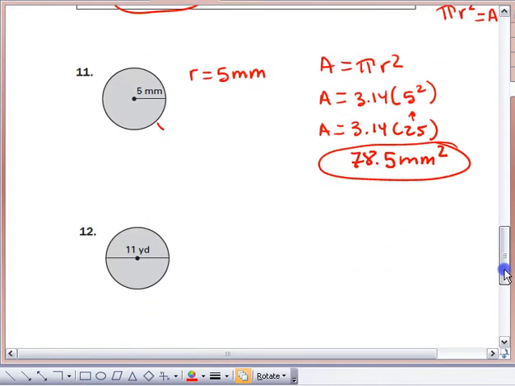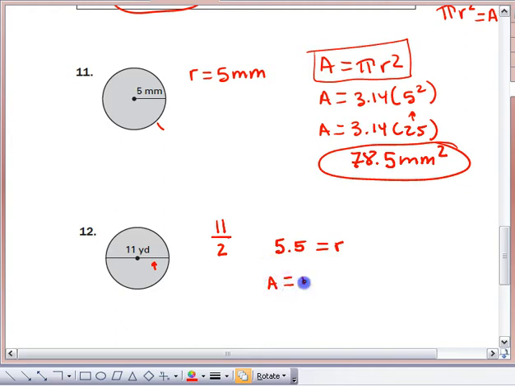Let's look at another one. Now this one, we know the diameter. We really only want the radius. So we're going to take 11 and divide it by 2. And that's going to give us 5.5, and that equals the radius. So if we plug this into our formula again, area equals pi r squared, we'll get area equals pi times 5.5 squared.